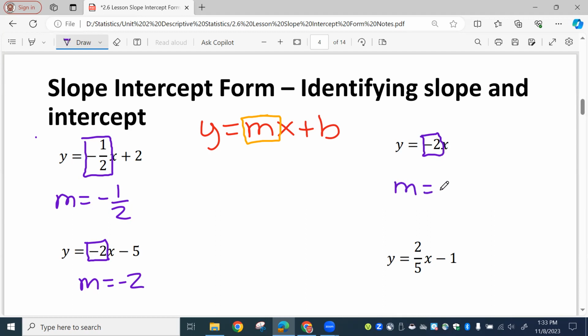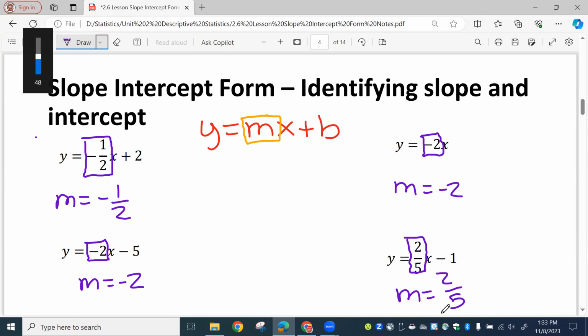My slope is -2. My slope is 2/5. If we have our equation in this form where y is all by itself, so when y is all by itself, we have this in slope-intercept form, then the value in front of x is our slope.